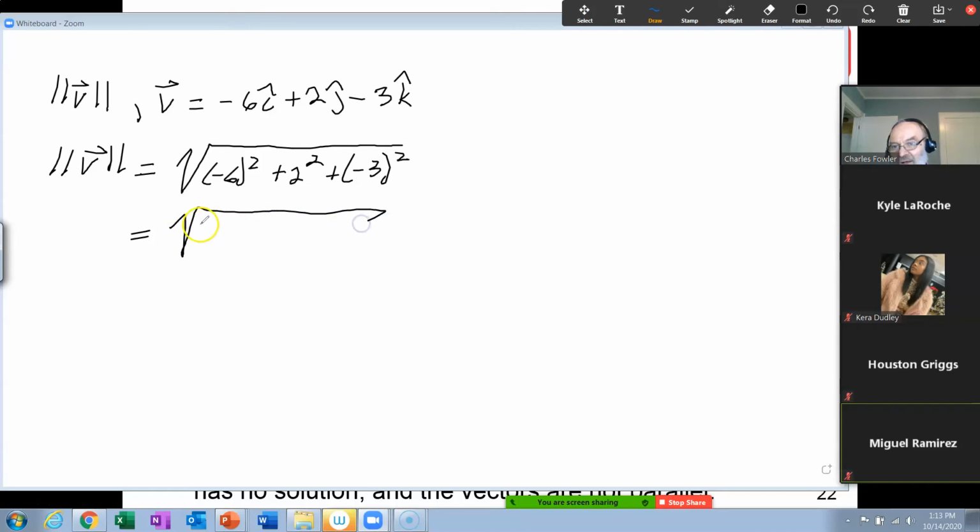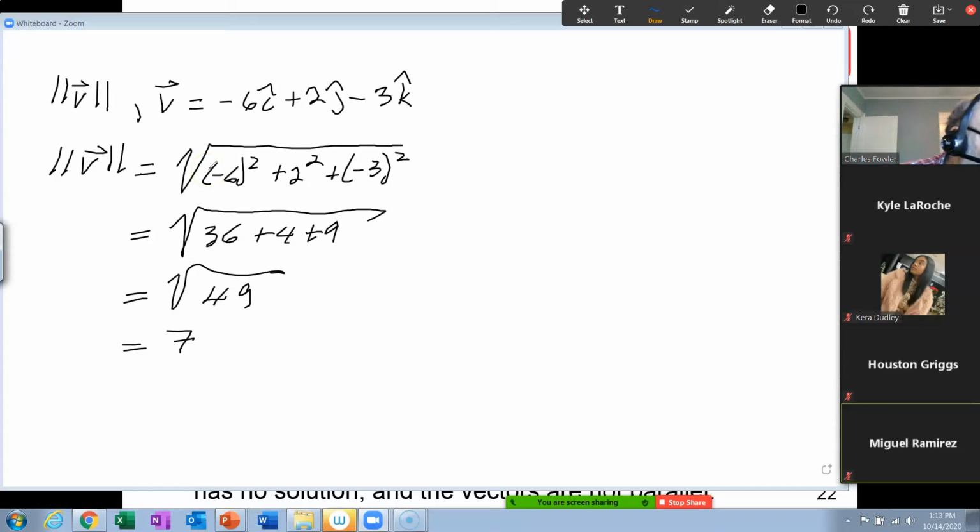It's the square root of 36 plus 4 plus 9. Oh, that kind of works out nicely, doesn't it? 36 and 4 is 40, plus 9 is 49. The principal square root of 49 is 7. So the magnitude of V is 7.